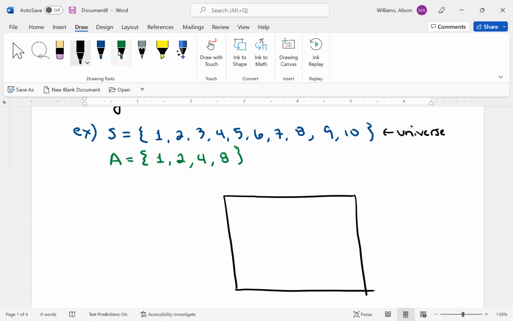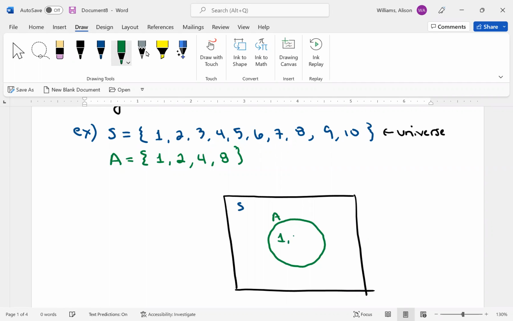Okay. So out here is S, and then inside of S is the set A. And then of course, within set A are these numbers. So let me go ahead and put those numbers in here.